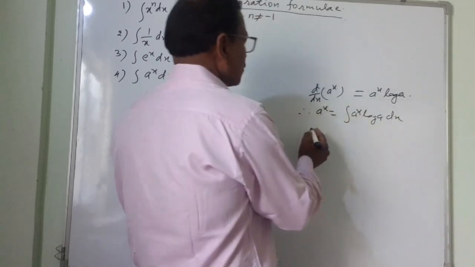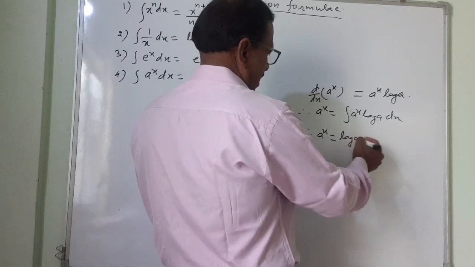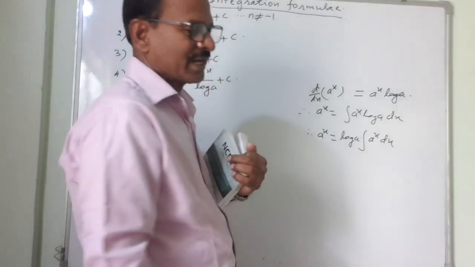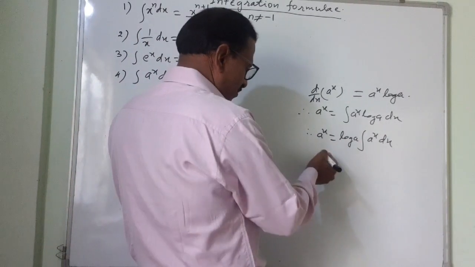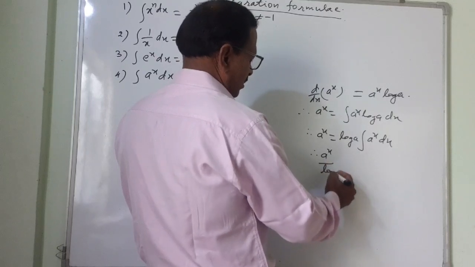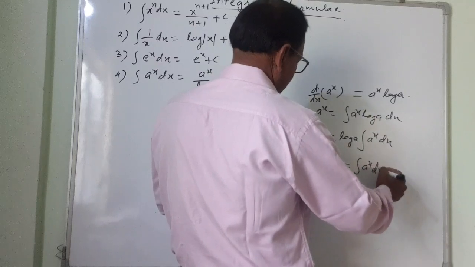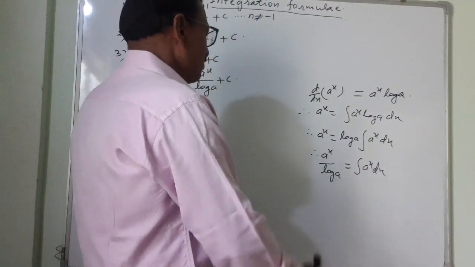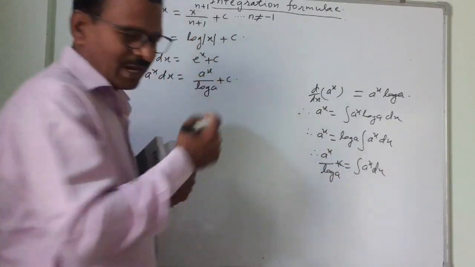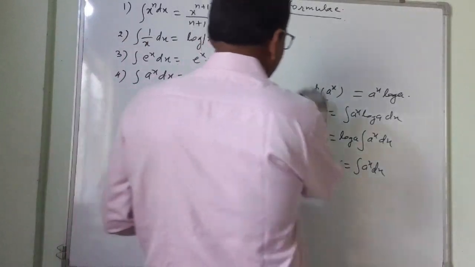So take this constant out. Therefore a raised to x is equal to log of a into integration a raised to x dx. This log of a is a constant, taken out. Now divide it. Therefore a raised to x upon log of a is equal to integration a raised to x dx. And naturally plus 0 is always there. That means it is some constant, of which the derivative was 0. So this way that formula has come.